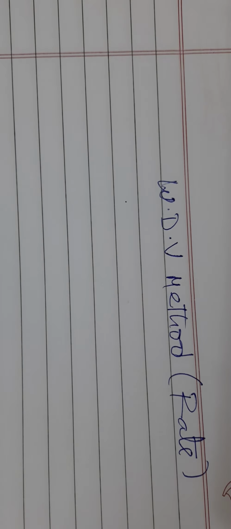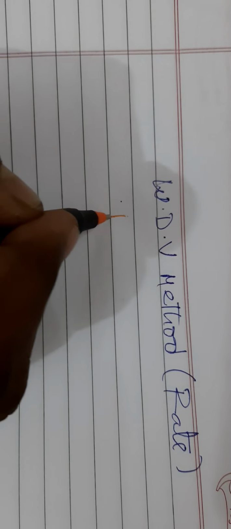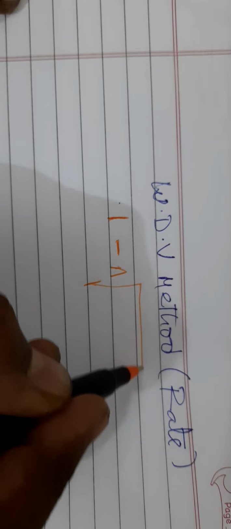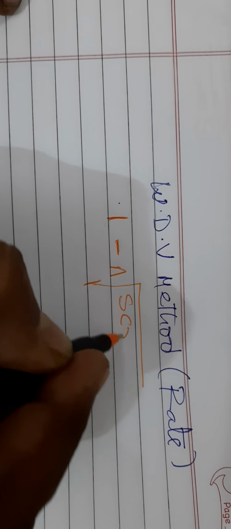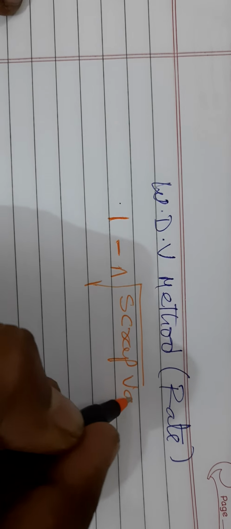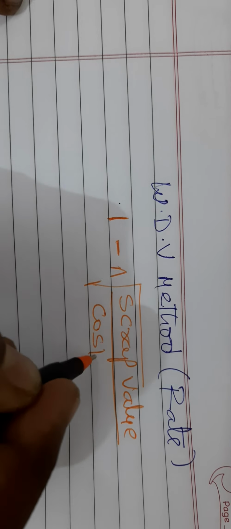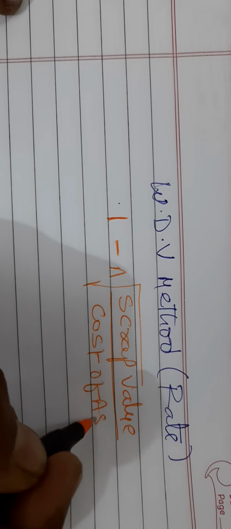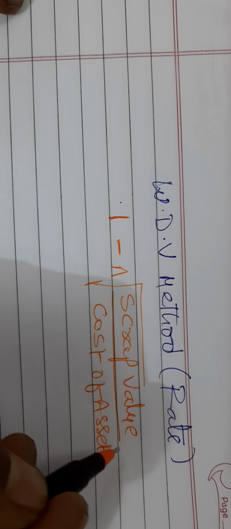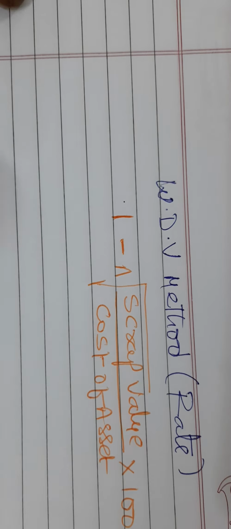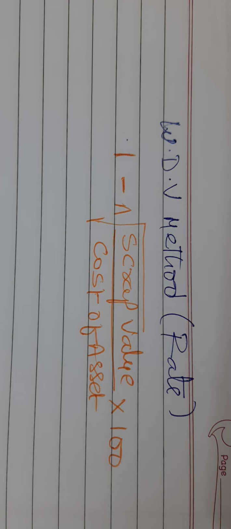The formula I am writing is: 1 minus the nth root of scrap value by cost of asset, into 100. So this is the formula.